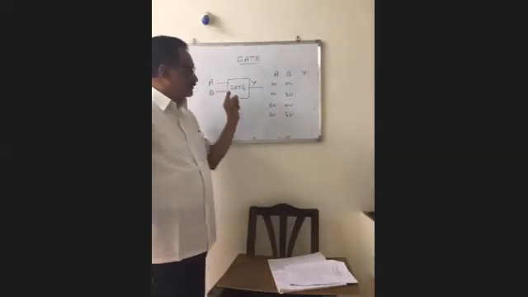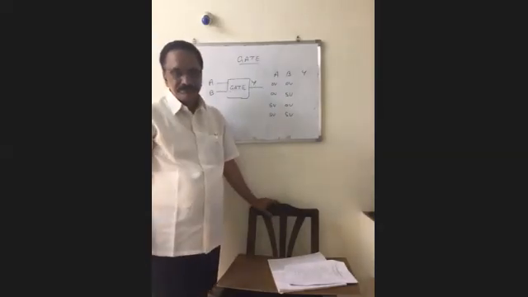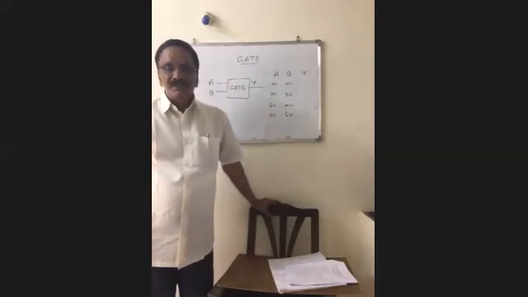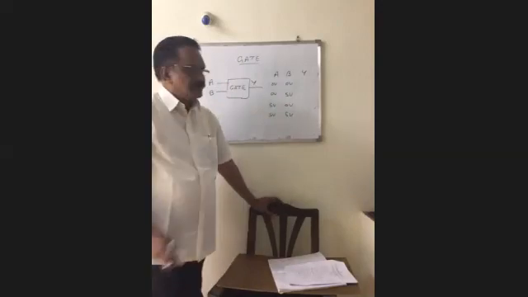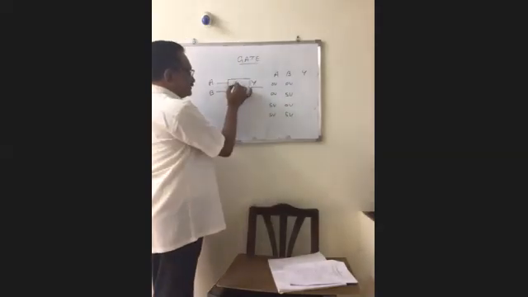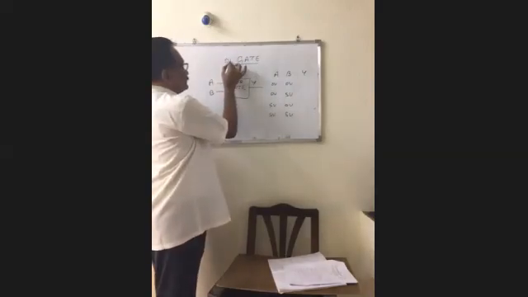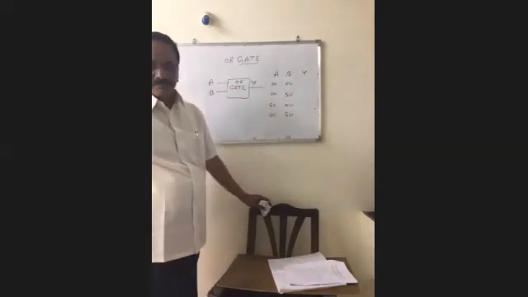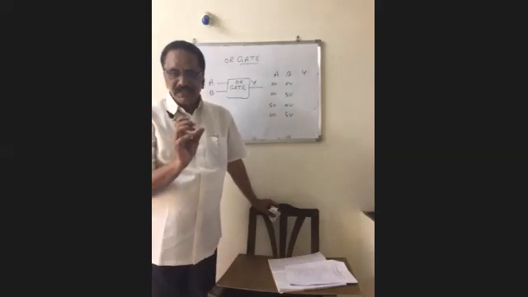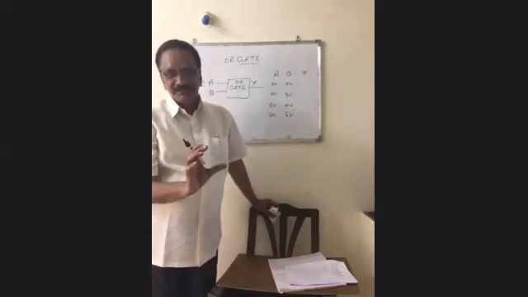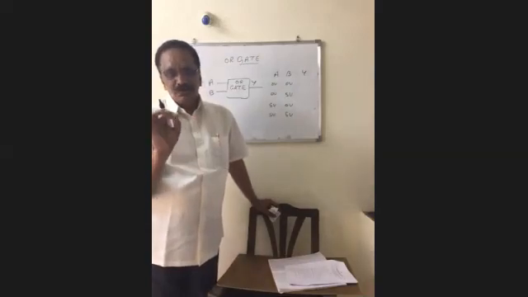Depending upon the type of the gate, say for example, let us assume it is an OR gate. For the gates, write only capital letters. OR gate, OR, write capital letters.